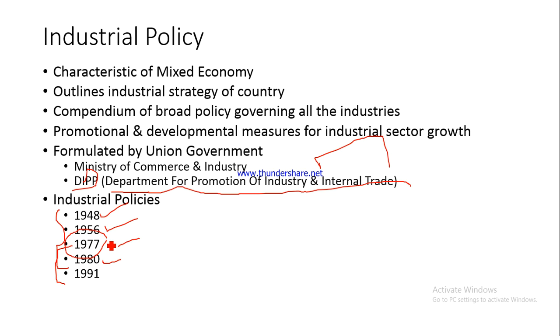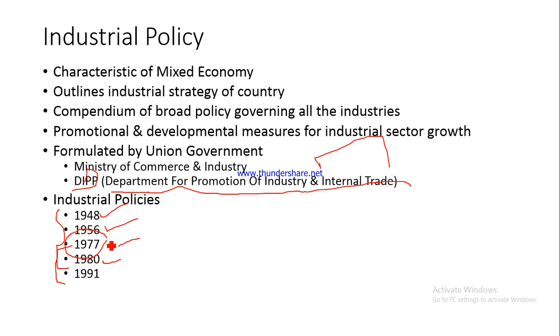Again, however, in 1980, the Morarji government and then the Charan Singh government fell and there were elections, and a new government was formed within 3 years because of the midterm elections. This time the new government was led by the Congress, and Mrs. Indira Gandhi was the Prime Minister at that point of time.